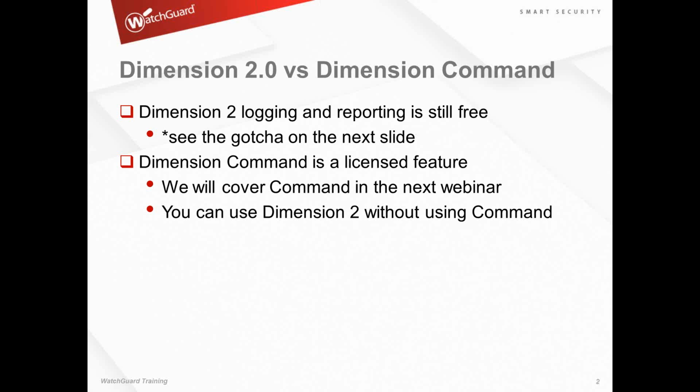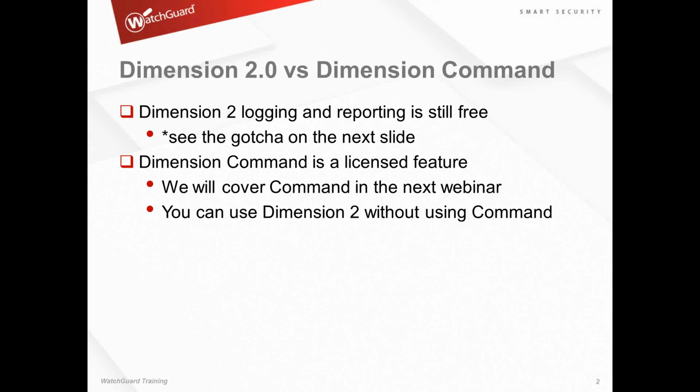And then for the next webinar, we will cover the Dimension Command. That is going to be a little bit longer webinar, and it will dive a little deeper into the new features and the changes under the hood that enable that.